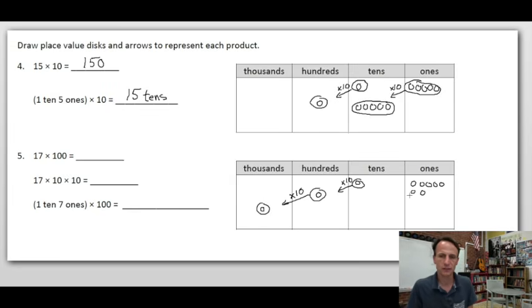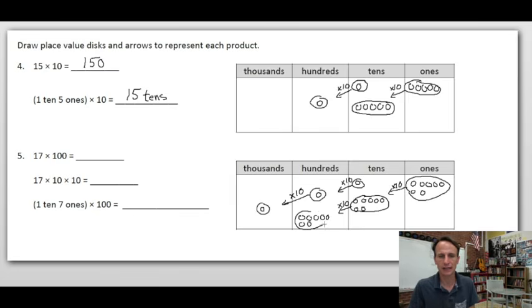And now, here we have these 7 ones, so we'll take these doohickeys. We'll have them ride the times 10 slide, multiplying by 10, and then again, right, because we're multiplying by 100 is what we're doing. So there's times 10, and times 10 again is times 100.